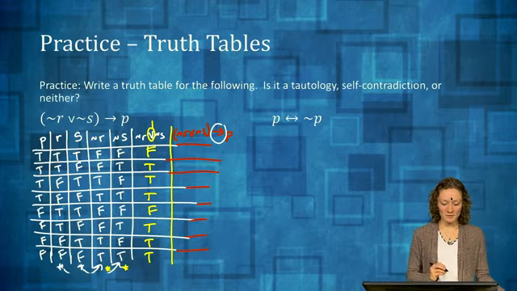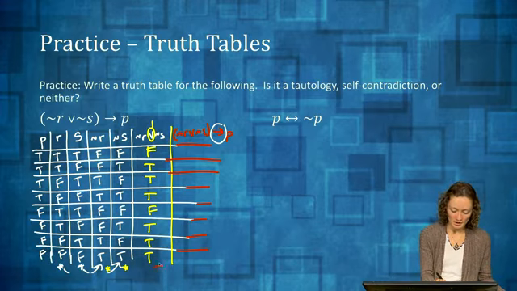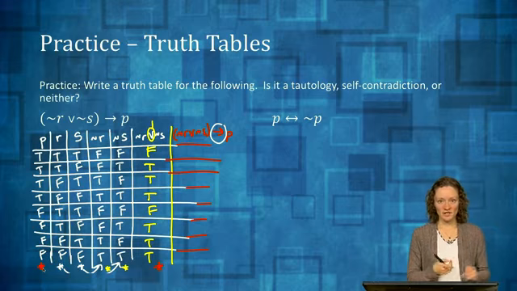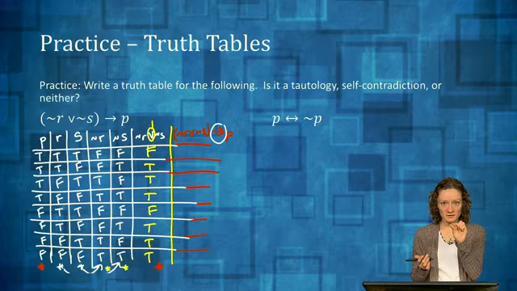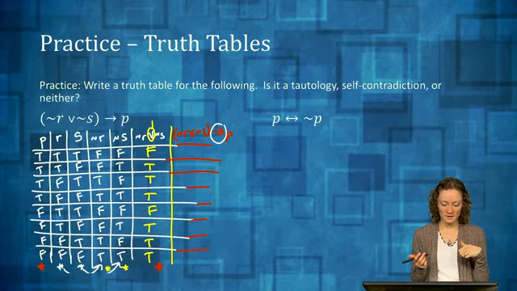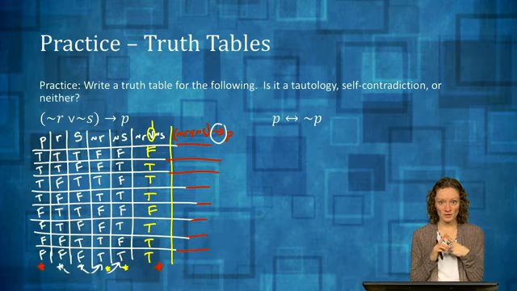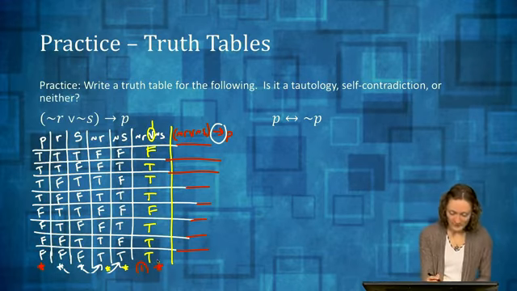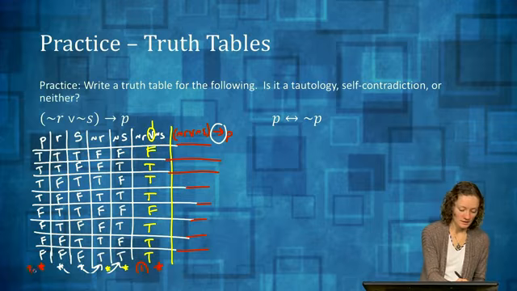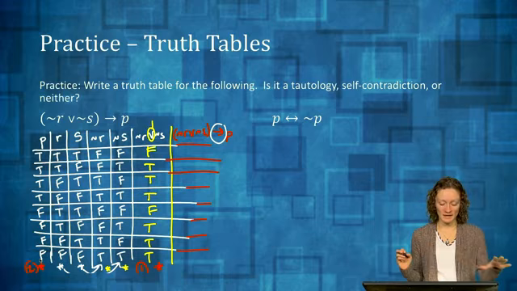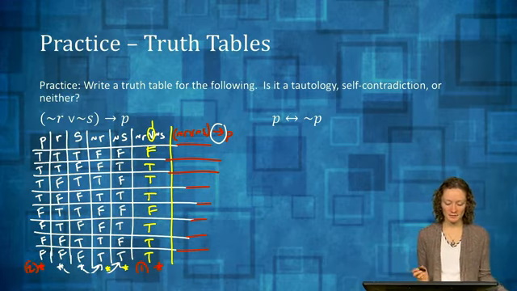The two columns we're focused on are the one we just built and P. Our summary for conditional is that if it's true to false, then it's false. Everything else is true. And it's important to note, order is important. The parentheses is first and P is second, so we're looking from right to left. It just depends how it's set up.